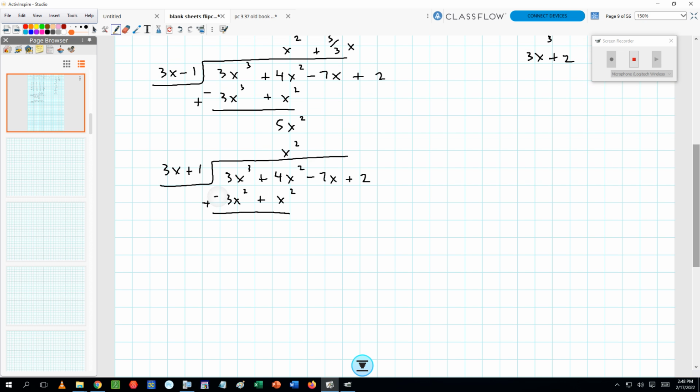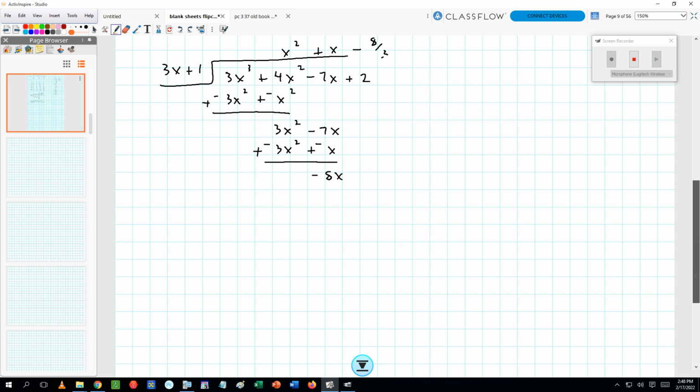Subtract, but add opposites. 3x squared. 3x and the x squared, I need an x. Subtract, but add opposites. -8x. 3x and -8x, you're looking at -8/3. That's not going to work.